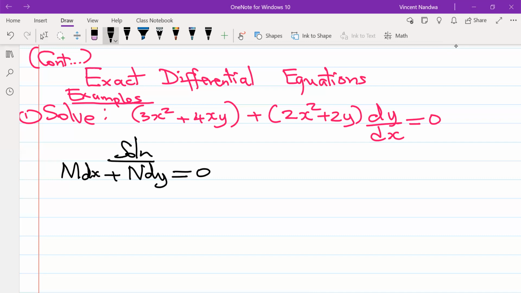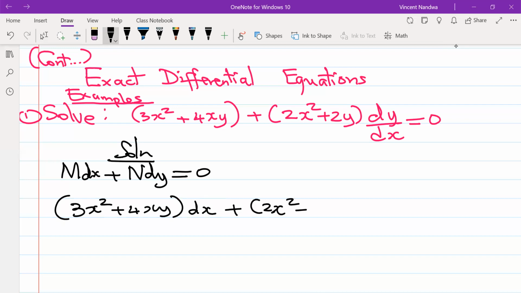So if we multiply through by dx, we still will have (3x² + 4xy) dx + (2x² + 2y) dy = 0.